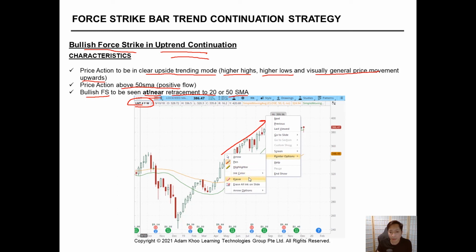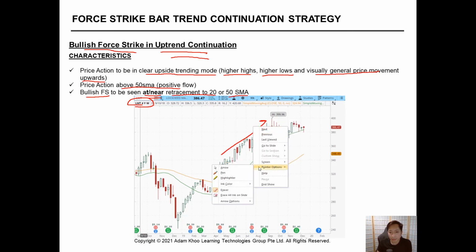In this case, you can see that this is actually the mother bar. I only know there's a mother bar when there's this bar here, this baby bar over here, where my cursor is. I only know there's a mother when there is a baby. So the third bar goes below the mother bar lows, and the fourth bar looks like a pin bar, but it did not close above the mother bar low.